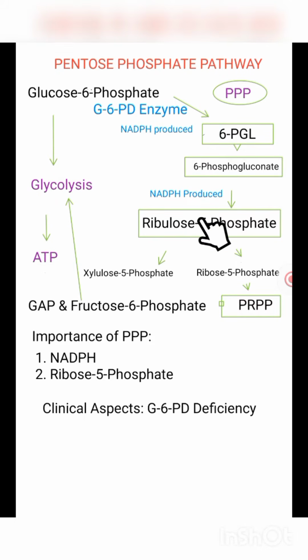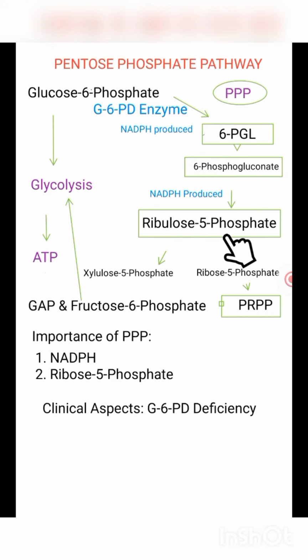Now, going into the non-oxidative phase, we'll have ribulose 5-phosphate, which is a product, of course, of the oxidative phase. So ribulose 5-phosphate can either be epimerized to xylulose 5-phosphate or isomerized to ribose 5-phosphate. Now remember, ribose 5-phosphate is one of the products we're looking for.